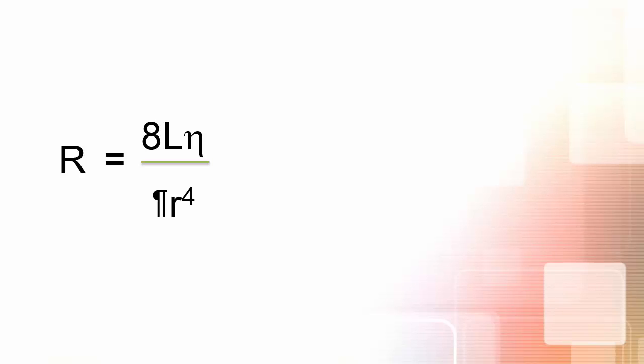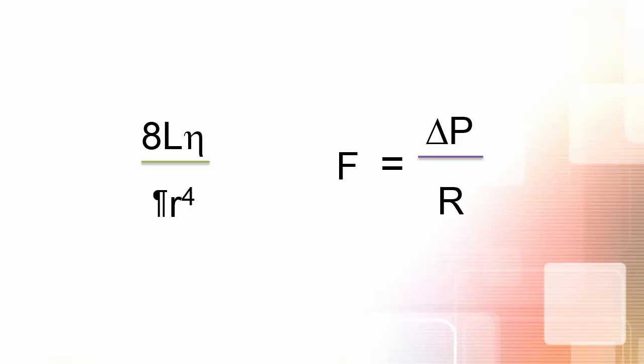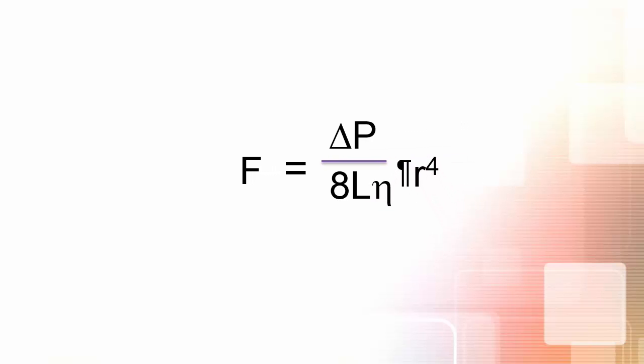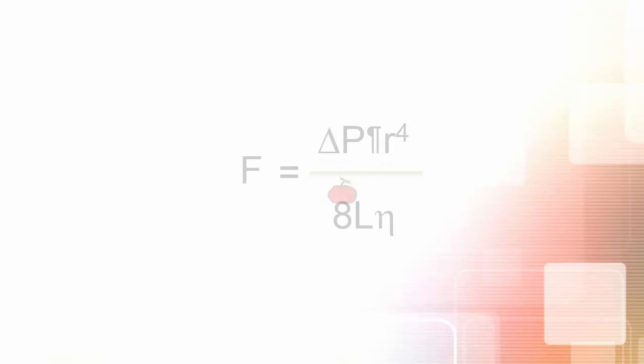Resistance is equal to A times the length times the viscosity divided by pi times the radius to the fourth power. Now let's plug our equation for resistance into the original equation. And since we don't want a fraction within a fraction, let's rearrange this equation. What we end up with is an equation for blood flow that takes all of the factors into consideration and shows their relationships to flow.